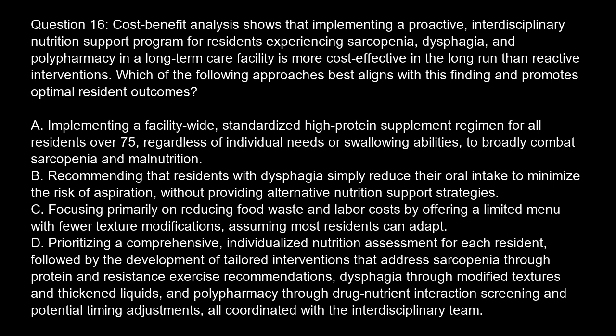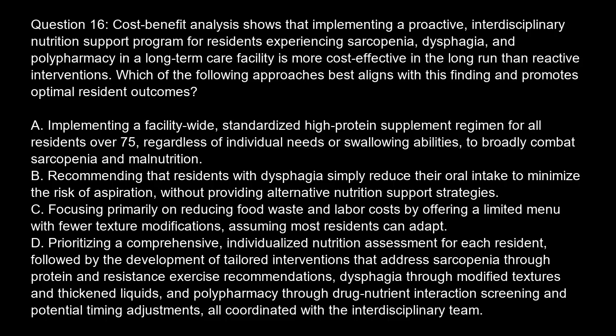Option B. Recommending that residents with dysphagia simply reduce their oral intake to minimize the risk of aspiration, without providing alternative nutrition support strategies. Option C. Focusing primarily on reducing food waste and labor costs by offering a limited menu with fewer texture modifications, assuming most residents can adapt.